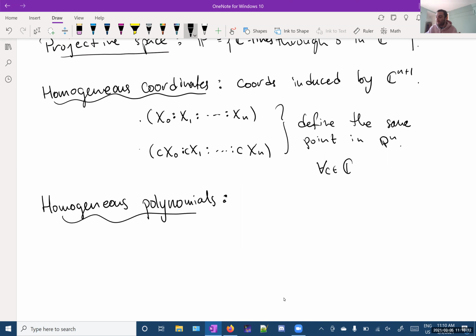Okay, so what's a homogeneous polynomial? f of x0 to xn is a homogeneous polynomial if all of the terms are of the same degree.